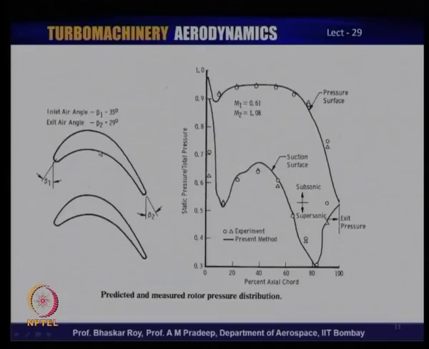So, beta 1 plus beta 2 would be the turning angle, and the turning angle shown here is not necessarily very high. You can have rotors that have turning angles even higher than that, but in gas turbines, as we have discussed before in quite some detail, the turbine rotor design does not depend entirely on the turning, it depends also on the reaction.